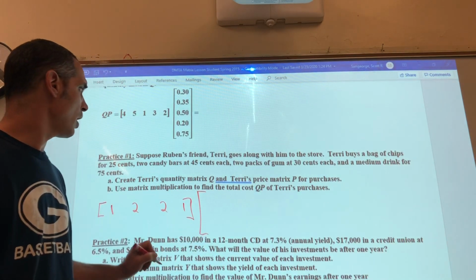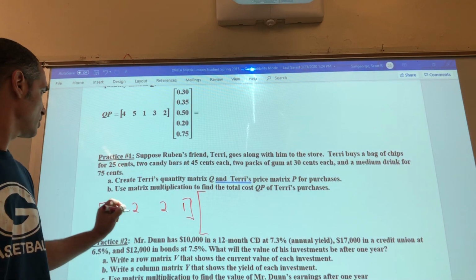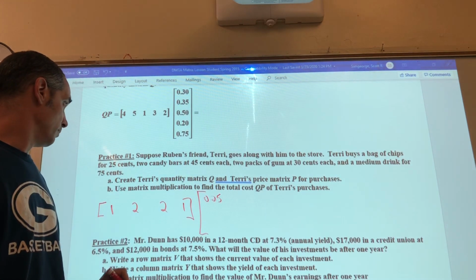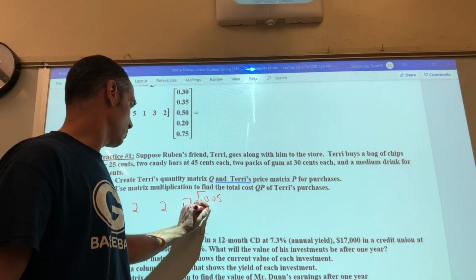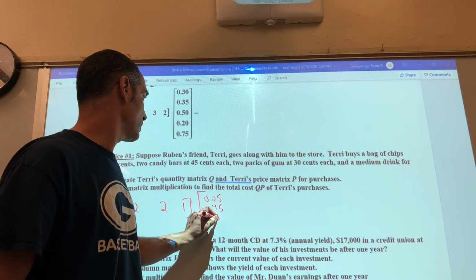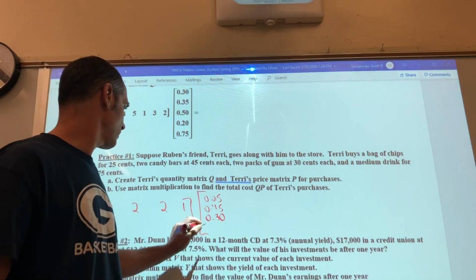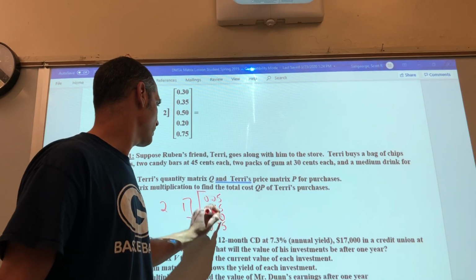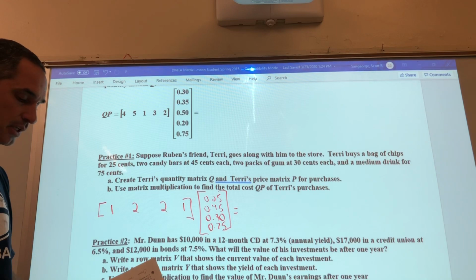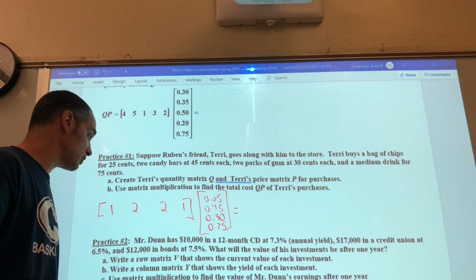Then we have the cost of these items. A bag of chips is 25 cents, 0.25. Candy bars are 45 cents, 0.45. Packs of gum are 30 cents each, 0.30. And the medium drink is 75 cents, 0.75. First we have to check the dimensions and make sure they match so we can multiply.